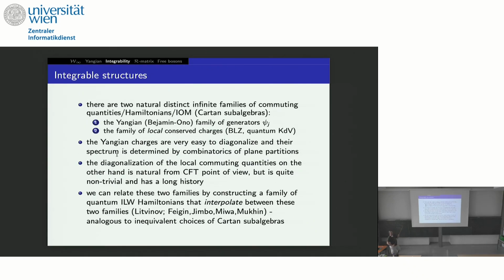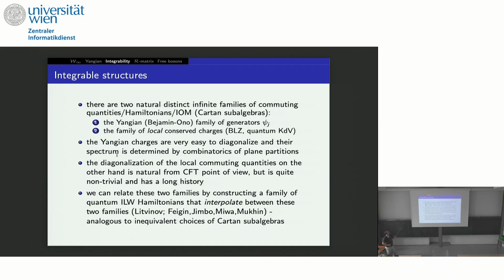The problem is that these are not the kind of Hamiltonians or commuting quantities that you would pick from the conformal field theory point of view. From the 2D conformal field theory point of view, you would like your Hamiltonians to be zero modes of some local currents, and these Yangian quantities are non-local. Maybe later I will have time to show you the formula, how non-local they are.